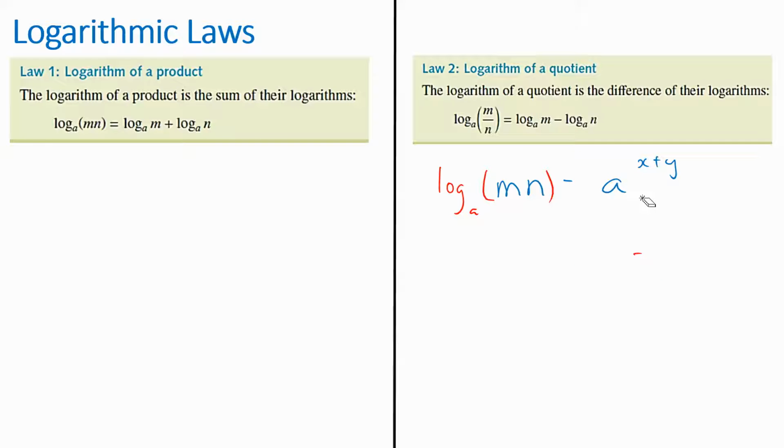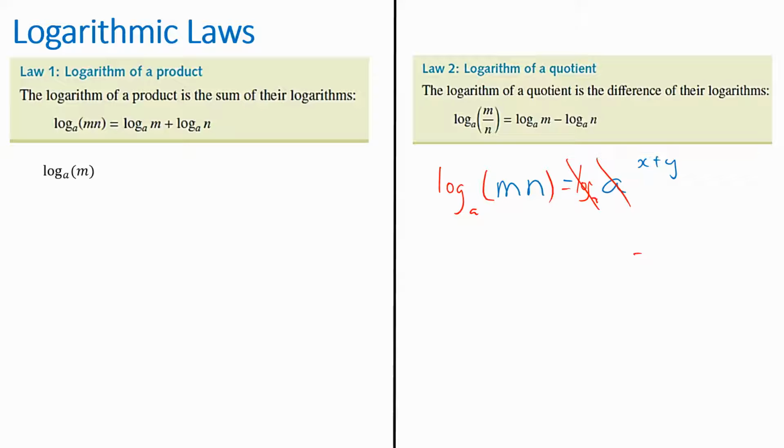Instead of 3 to the power of 2, you've got the base a, so then I just say log a on both sides. So log a and a cancels out, and you've got log mn equals x plus y. And that's much easier to understand than trying to convert, because that's how your textbooks will teach you. I'm trying to teach you through the algebra. So you're still balancing the equation, you're just doing the inverse of exponentials.